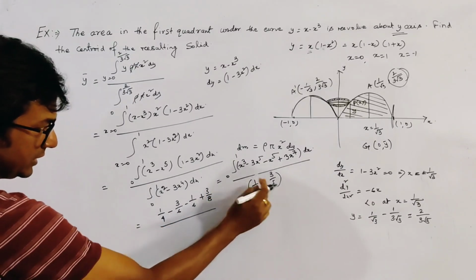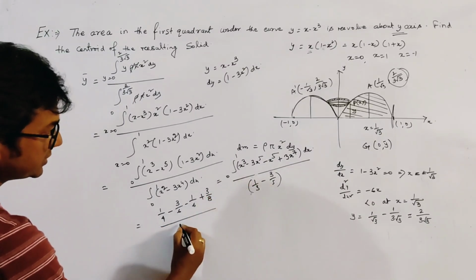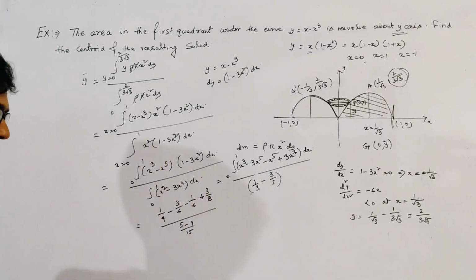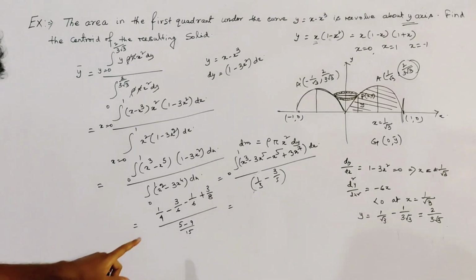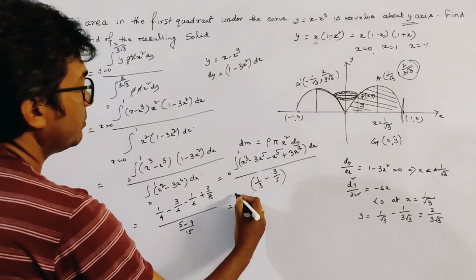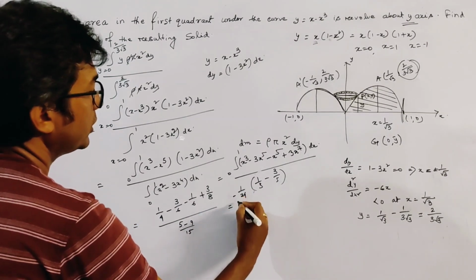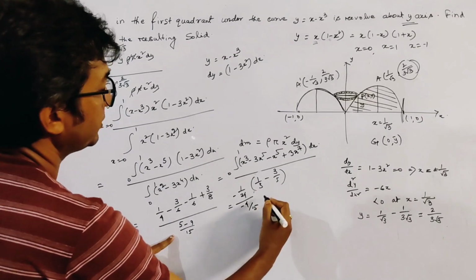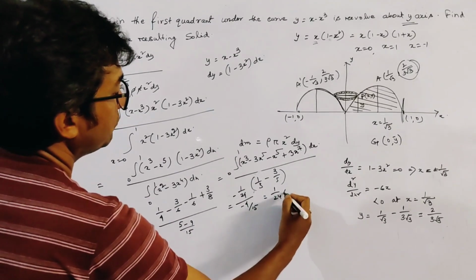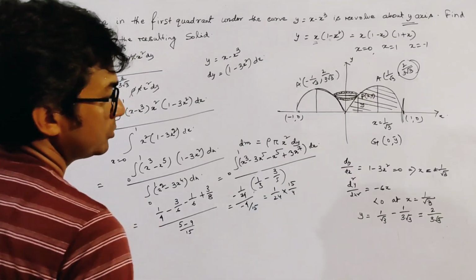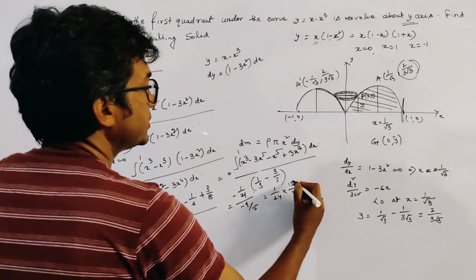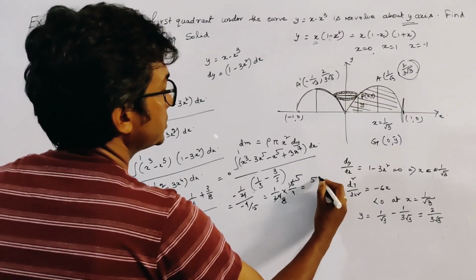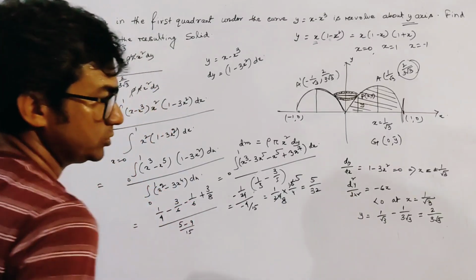From the lower term we get 5 minus 9 by 15. Calculating the upper portion, we get minus 1 by 24, and from the lower portion minus 4 by 15. So 1 by 24 into 15 by 4 gives 5 by 32.